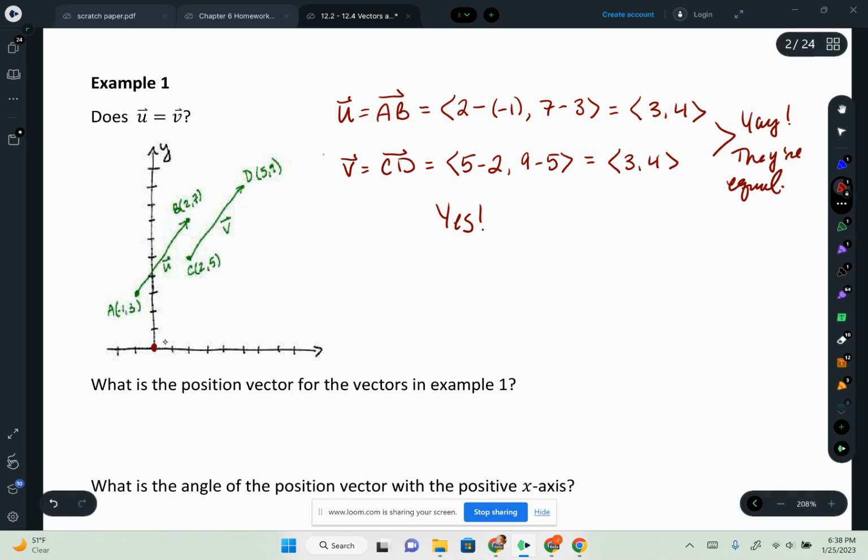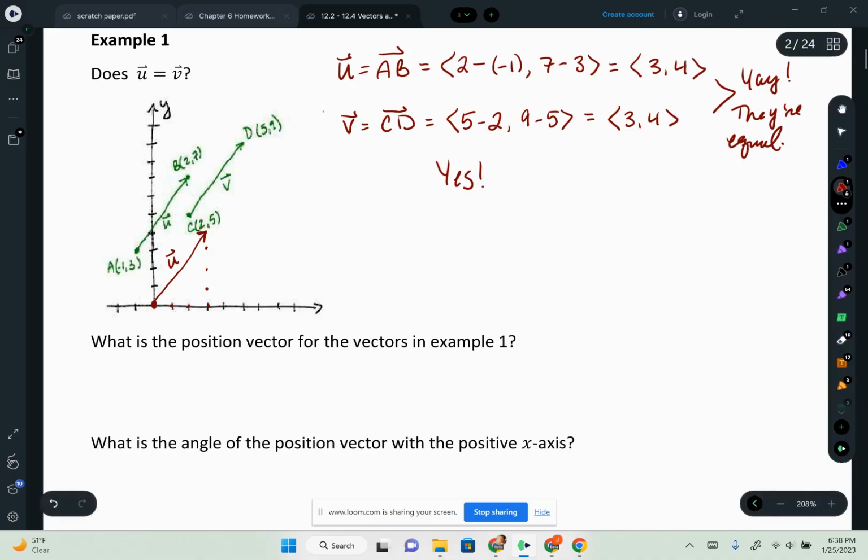And so we'd start at the origin and then go over 3 units in the x direction and up 4 units in the y direction. And then we would draw a vector from the origin to that final position. And this, I'm going to call it u, since u is equal to v. I can use either one to notate that vector.